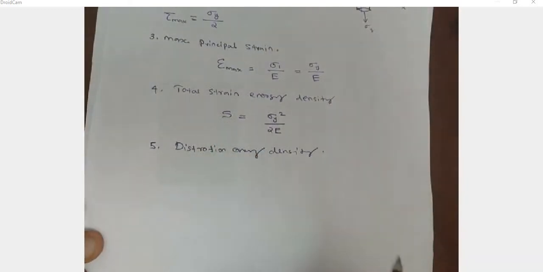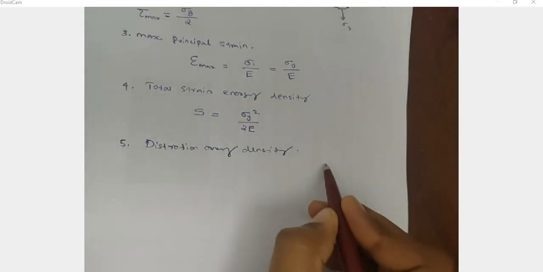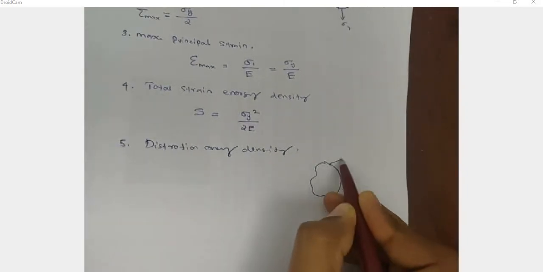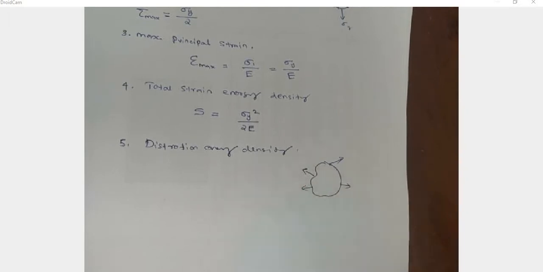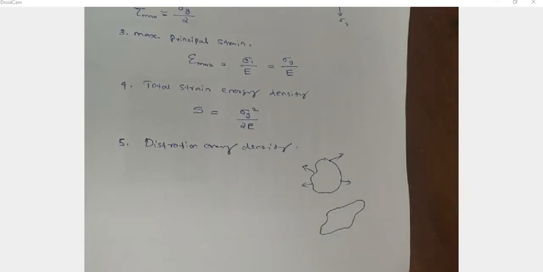When we apply some amount of load on this member, for example, this member is loaded with different types of load, and this member is deformed like this. For this deformation, some amount of strain energy will be developed.